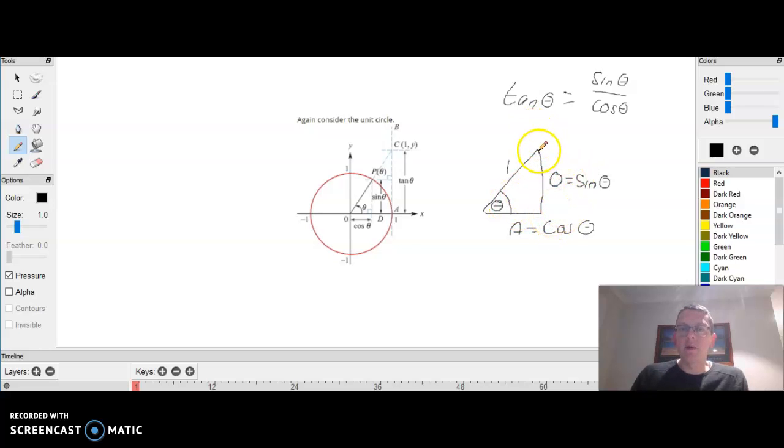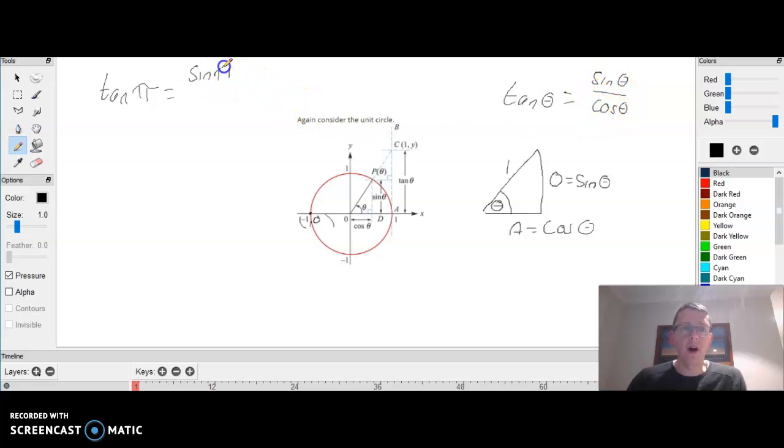So for example, this will give you a bit of understanding of everything. Let's just look at this point over here, okay? Now don't forget, that's going to be (-1, 0). If we're talking about tan pi, and I ask, hey, what's the value of tan pi? Does anybody know what that is? Well, you've got to look at the value of sine pi, because we understand it's sine theta over cos theta.